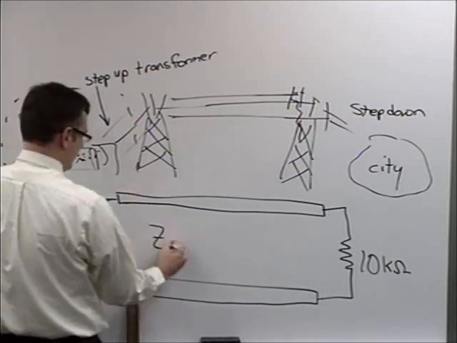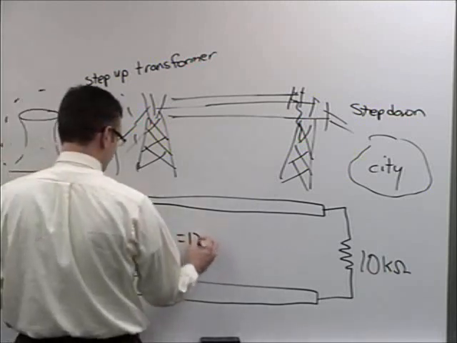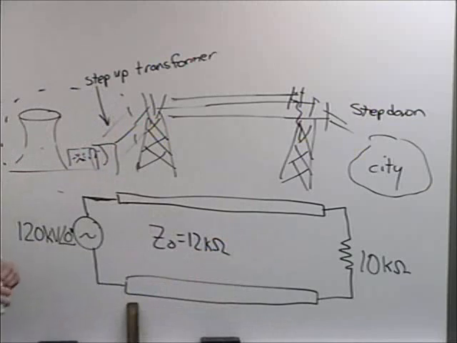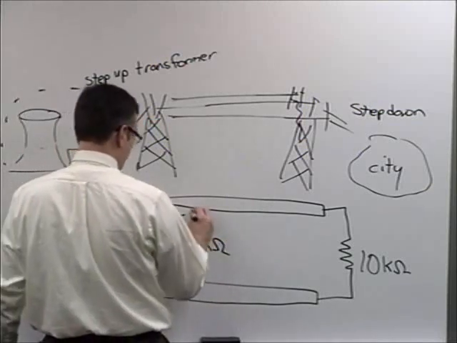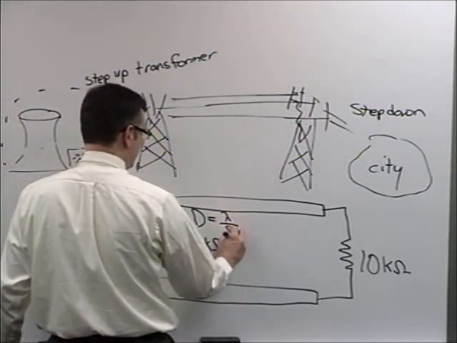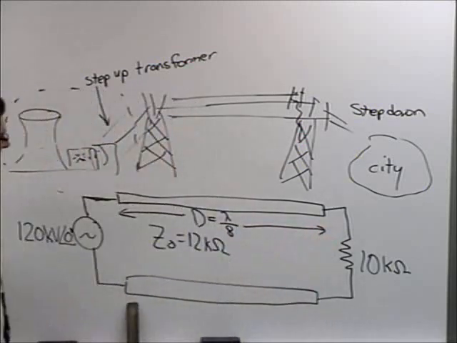And we'll say that the intrinsic impedance of this transmission line is 12K. Let's see, what else can we do? Oh yeah, we'll say that this is several hundred miles, such that at 60 hertz in the medium on the transmission line, the electrical distance is about 1/8 of a wavelength.